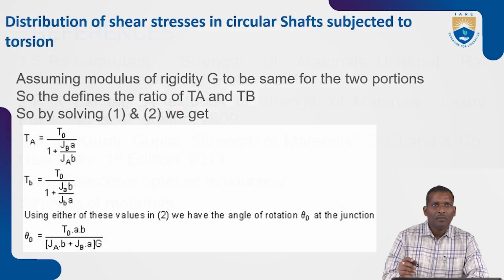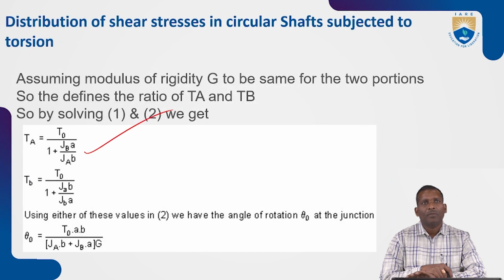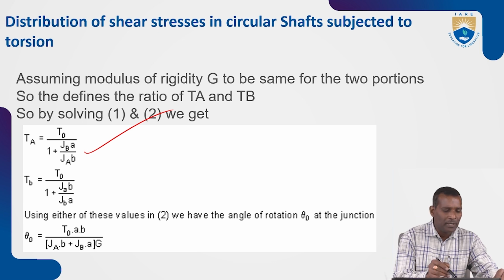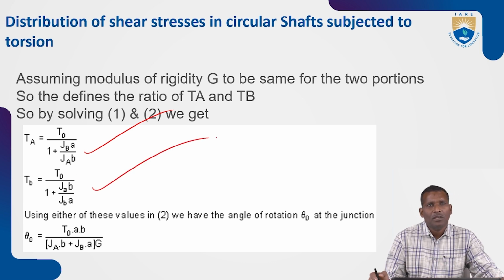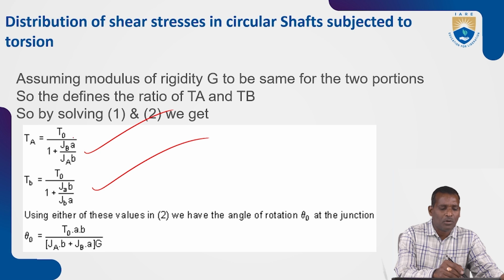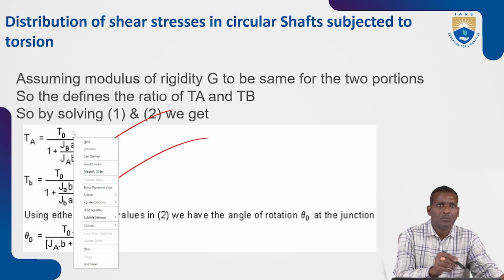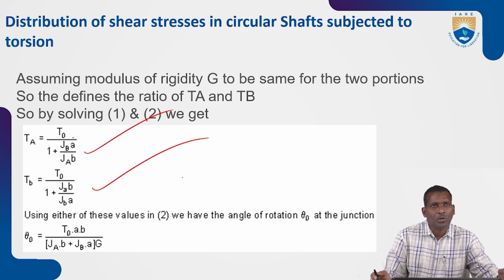TA is equal to T naught by 1 plus JB a by JA b. TB is equal to T naught by 1 plus JA b by JB a. So what is T naught? The torsion at point O, the shoulder portion.